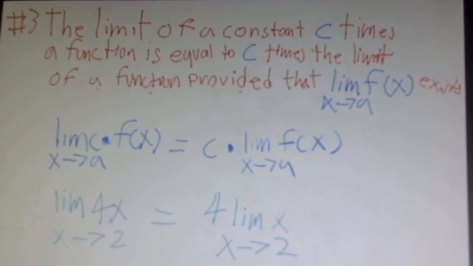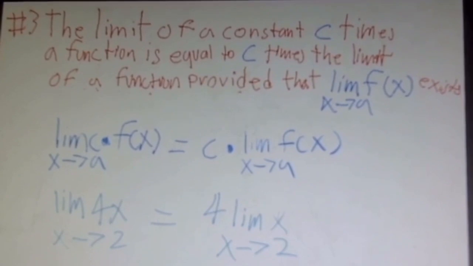The limit of a constant c, this is the first equation. The limit of a constant c, this is a multiplication sign, times f of x, which is the function. And the second one, c times the limit of a function, so c, the multiplication sign again, times the limit of f of x.